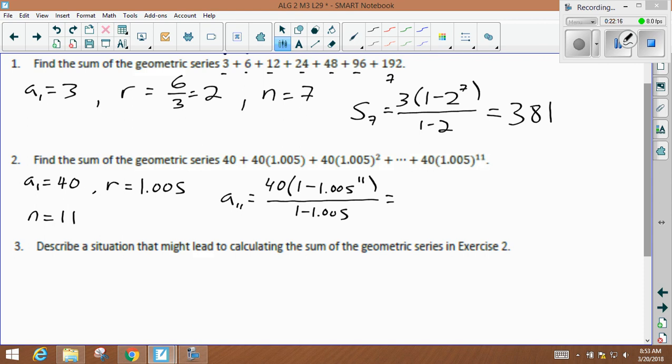As we're going through this, I recommend performing these calculations just to make sure that you're doing it right. And it's approximately, whoa, 493.